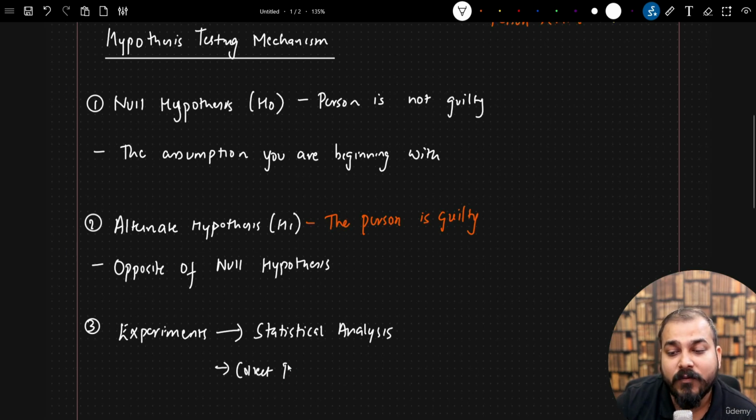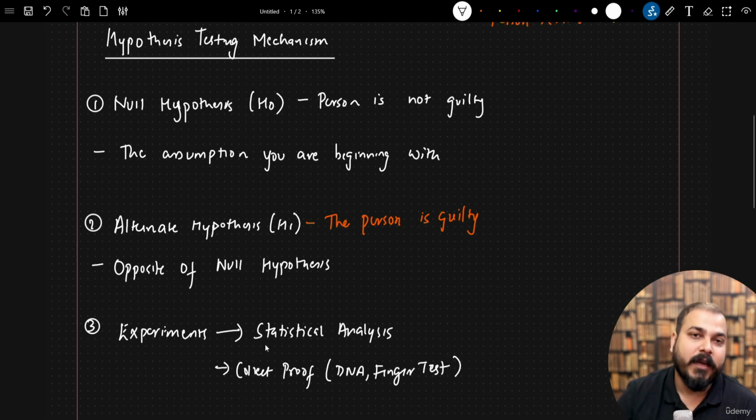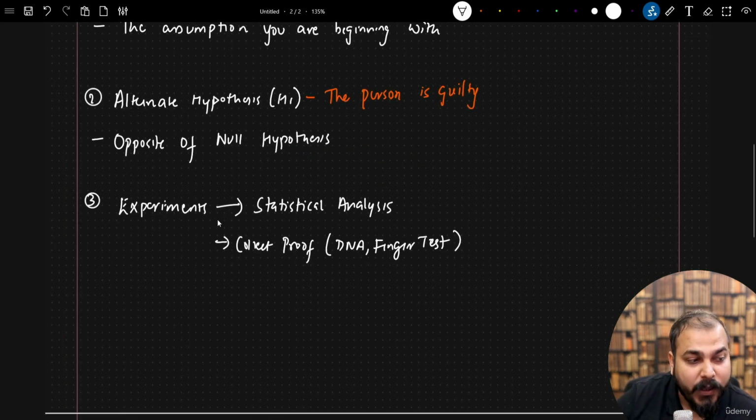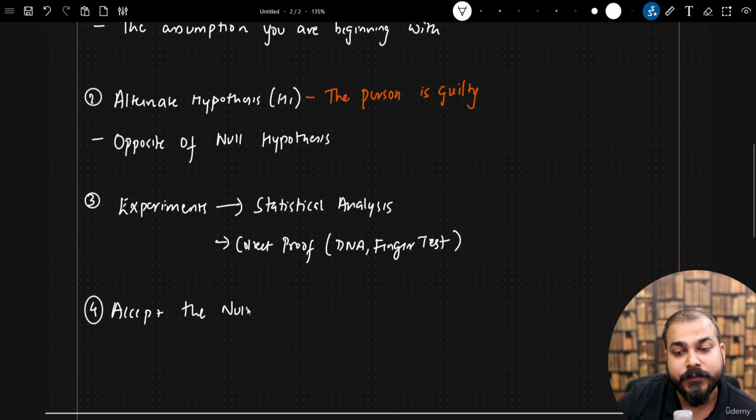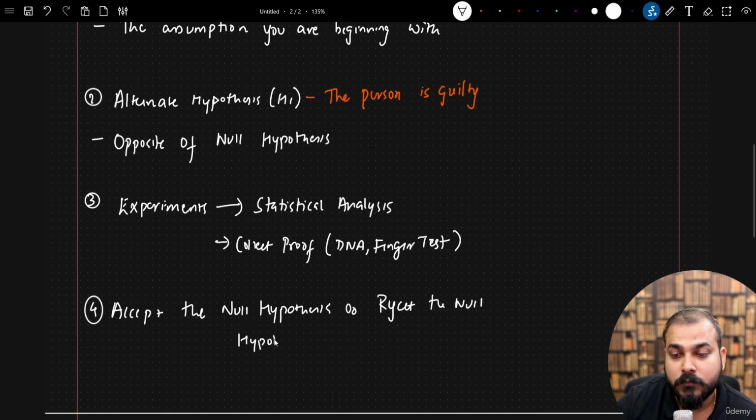What kind of proofs? Let's say a DNA test, a fingerprint test, or any kind of data. With this experiment, we can then conclude whether we should accept the null hypothesis or reject the null hypothesis.